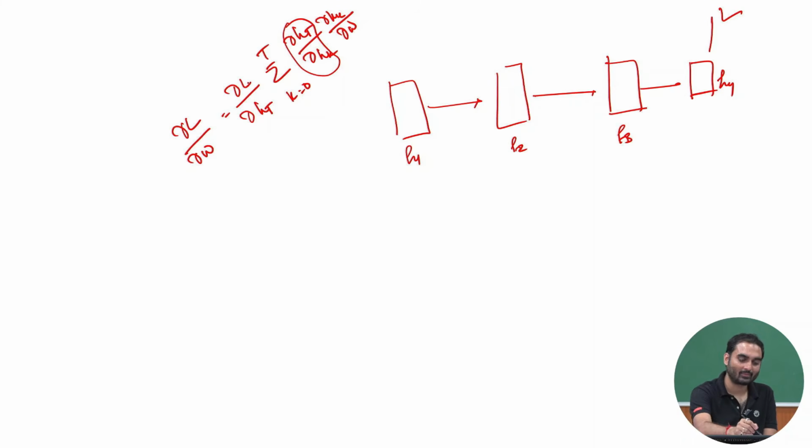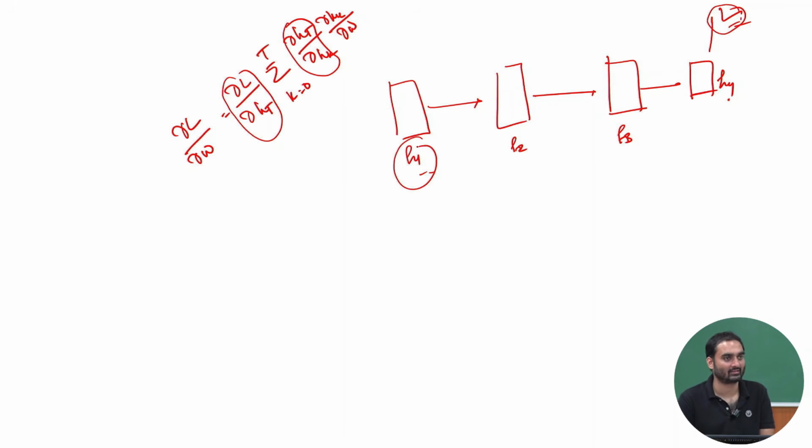Okay, by the way, how do you compute dL/dh_t? Let's say dL/dh1. How do you compute dL/dh1? dL/dh1 is dL/dh4 times dh4/dh3 times dh3/dh2 times dh2/dh1. So when you take this derivative, you are multiplying multiple such derivatives.